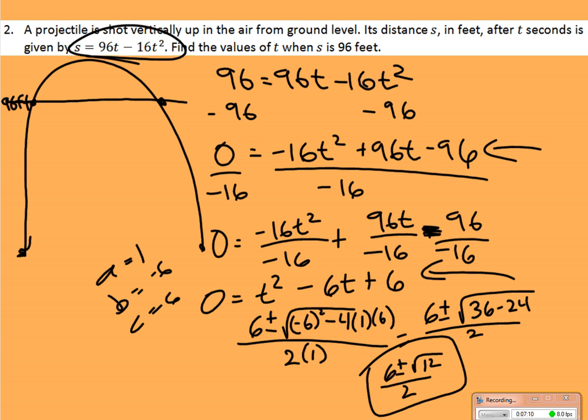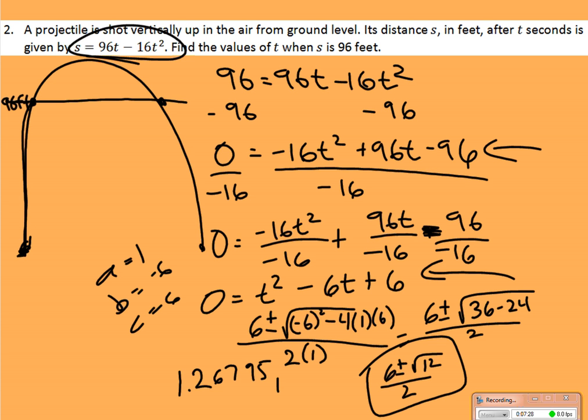So 6 minus the square root of 12, divided by 2, is going to be 1.26795 seconds. So when I initially shoot it up, it's going to take approximately 1.27 seconds to get to 96 feet.